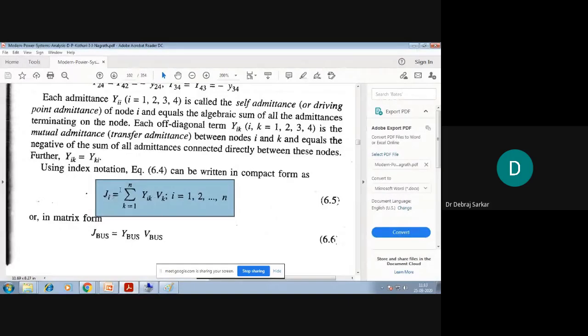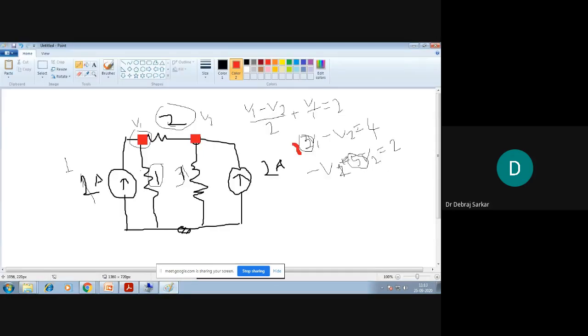The source current, or the sum of source currents in node i, is the sum of the products of admittance and voltage. Got it? Look at this.